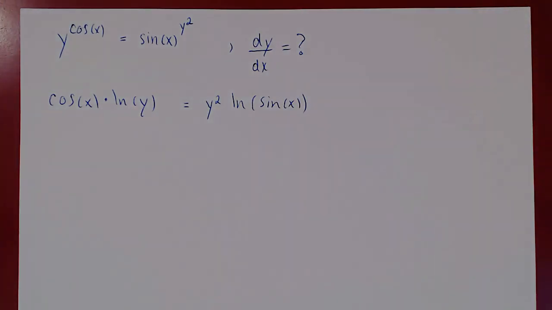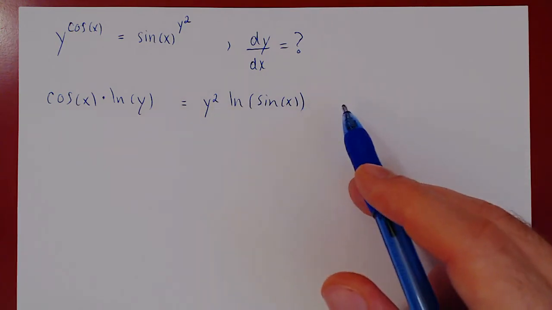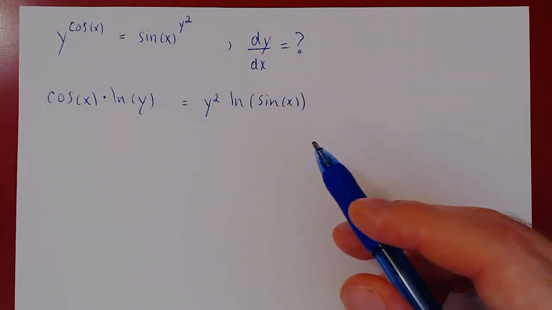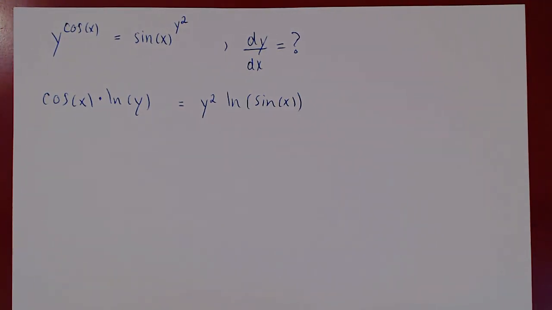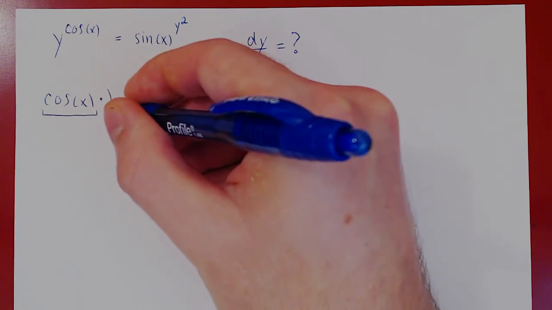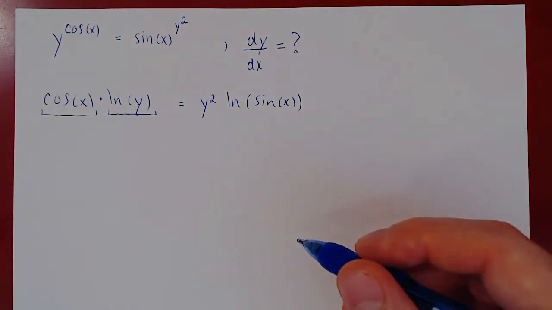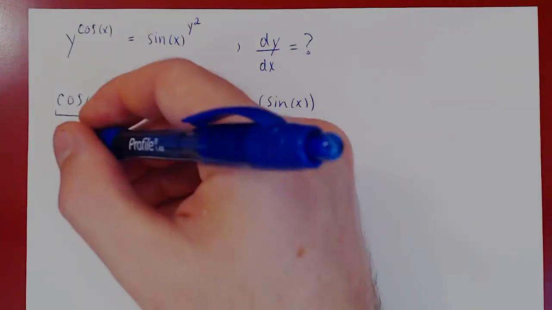And now, with the help of ln, both sides can be differentiated, so let's differentiate both sides with respect to x, keeping in mind that we have to apply the product rule and the chain rule very carefully. This is cos of x times ln of y, so we use the product rule. Derivative of cos is negative sine.